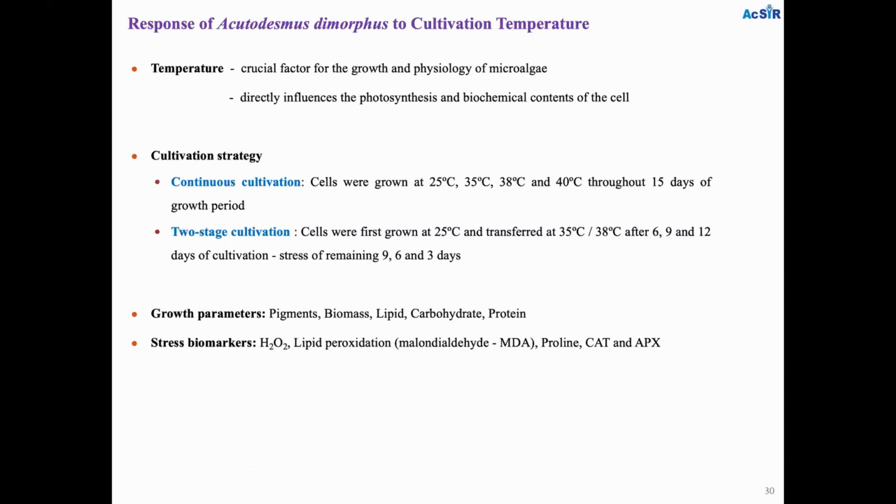Simultaneously, we also performed two-stage cultivation in which microalgae are grown at 25 degrees centigrade for a certain time, and then for the remaining time, they are transferred to 35 and 38 degrees centigrade. For both these experiments, I monitored the growth parameters and various oxidative stress biomarkers in the cell.